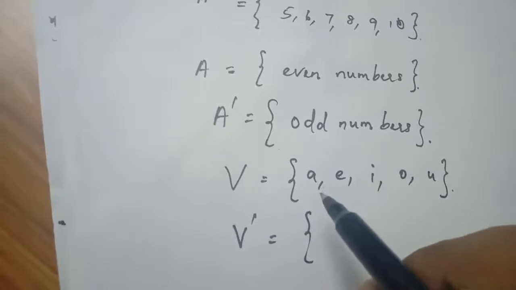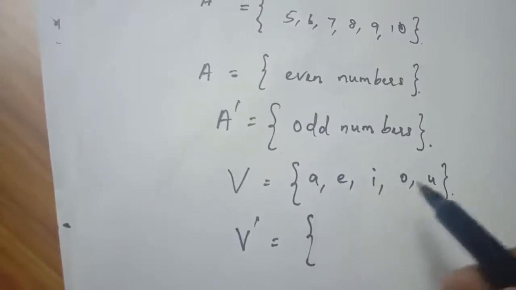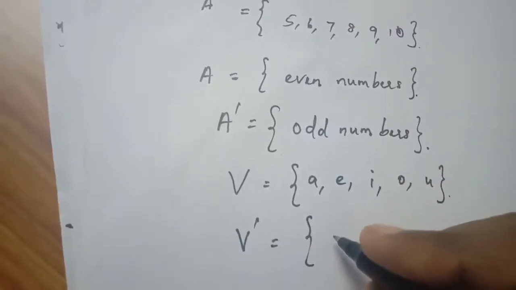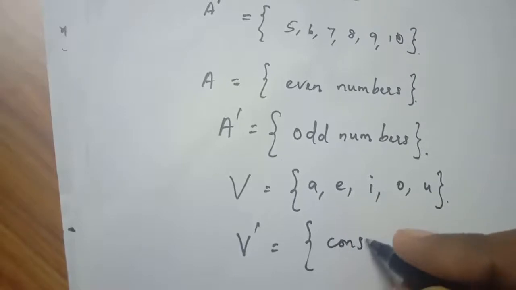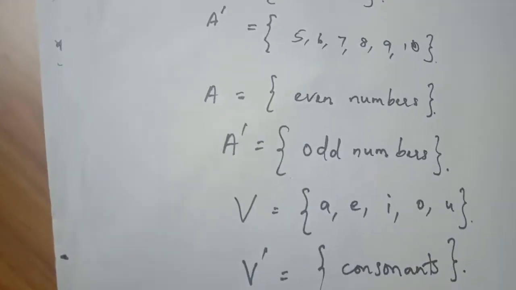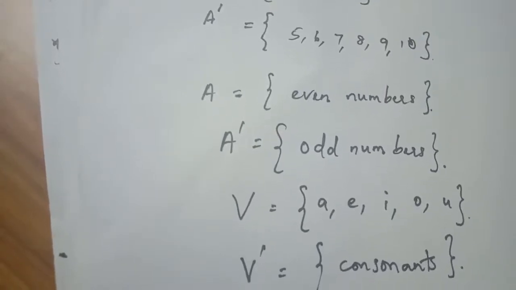We know that if you take the set of alphabets without vowels, then it will be consonants. So it will be set of consonants. Clear? So I think you have understood how to find the complement of a set.